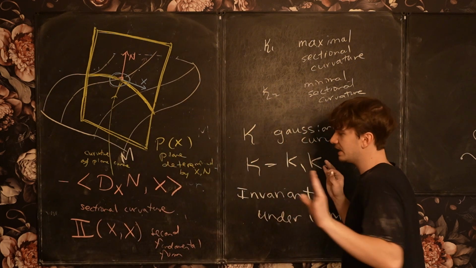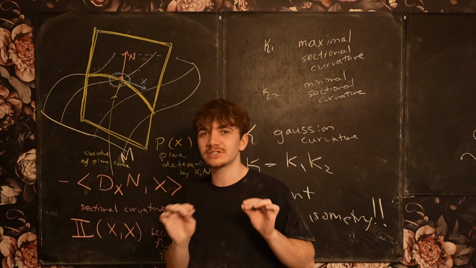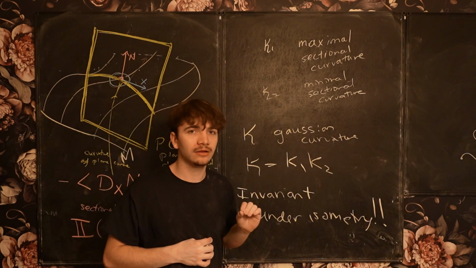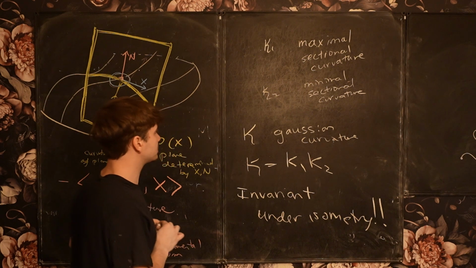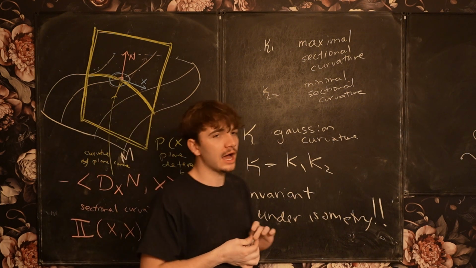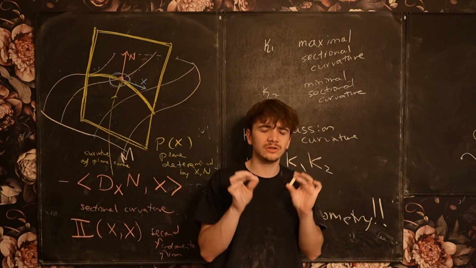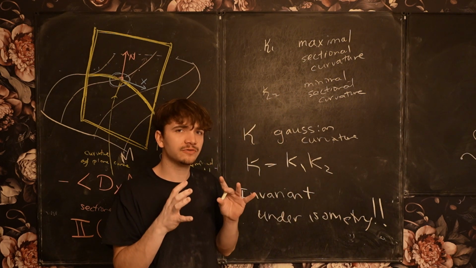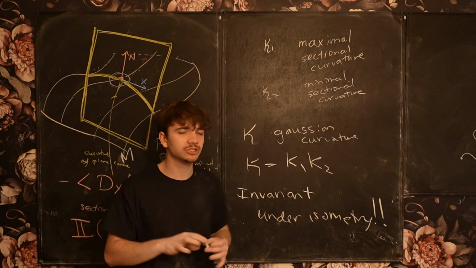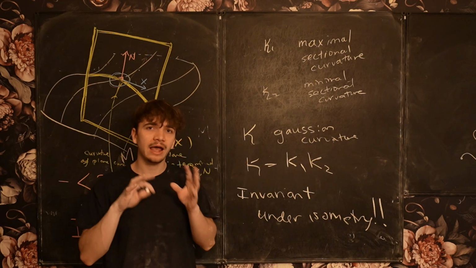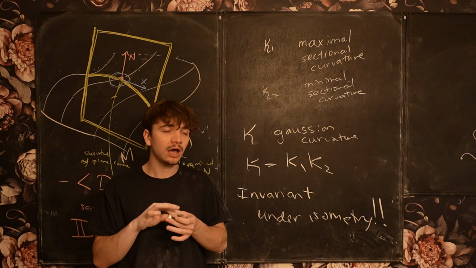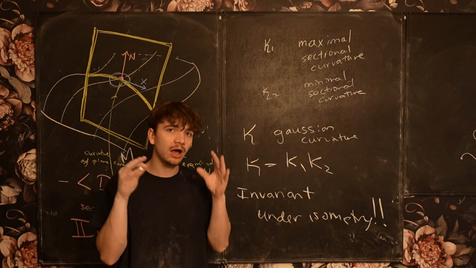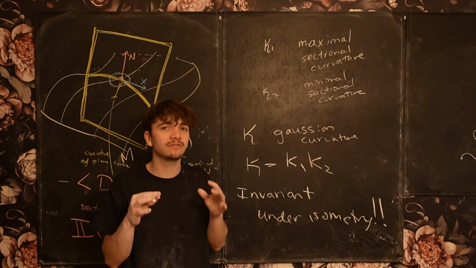However, if I integrate the Gaussian curvature over the manifold, I end up with a topological invariant, okay? In particular, if I integrate the Gaussian curvature over a sphere, I end up with an integer multiple of 2 pi, a multiple of the Euler characteristic of that surface.